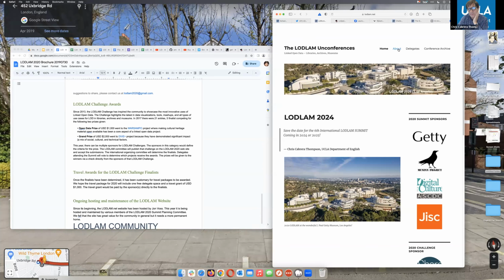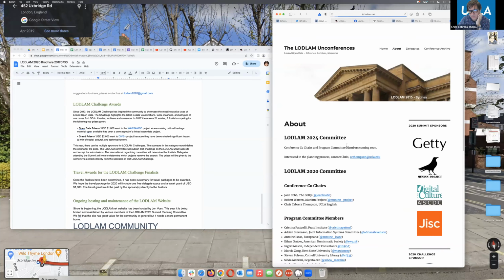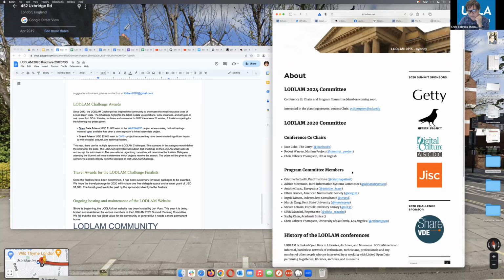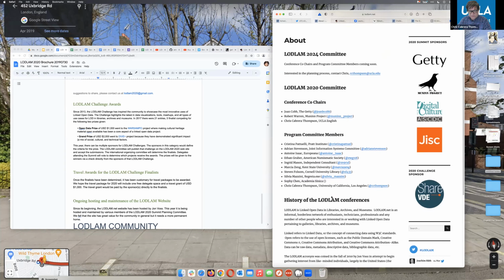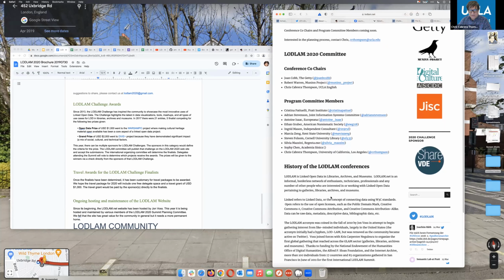So really, it's about a group of individuals who come together from very disparate libraries and organizations throughout the US, but also in other countries as well. It has a conference that focuses on linked open data. It looks to showcase things that folks are working on and to build a sense of community around this field.